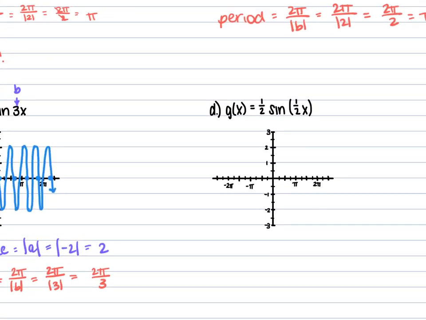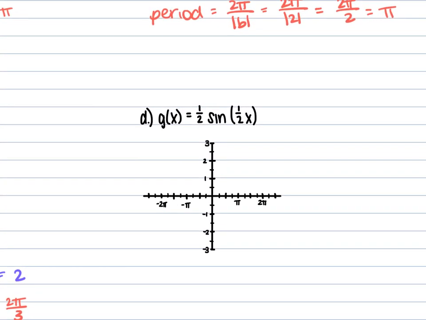For D, we are given g of x is equal to 1/2 sine 1/2 x. So our A is this 1/2, our B is this 1/2. So if we are to find our period, it is just the absolute value of A, which is the absolute value of 1/2, which is 1/2.